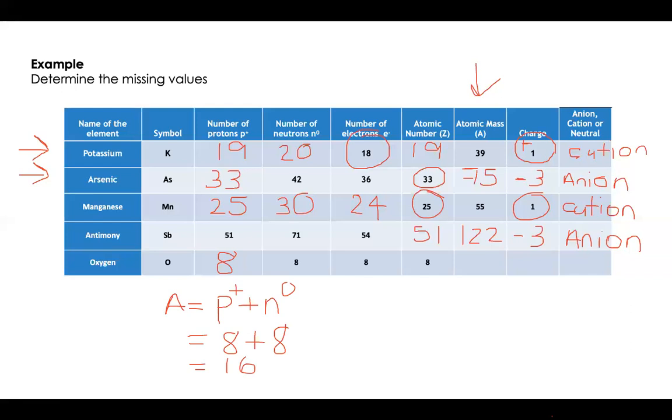So I will have here 16. The charge is equal to protons minus electrons. So this will be 8 minus 8, 0, okay? And since we have here a 0, we can say that this is a neutral atom, okay? Doesn't have a charge.